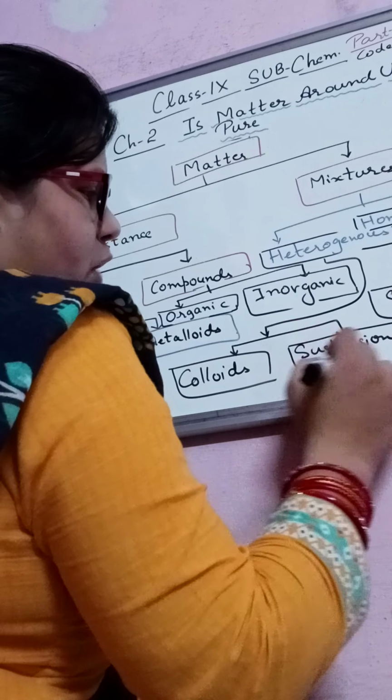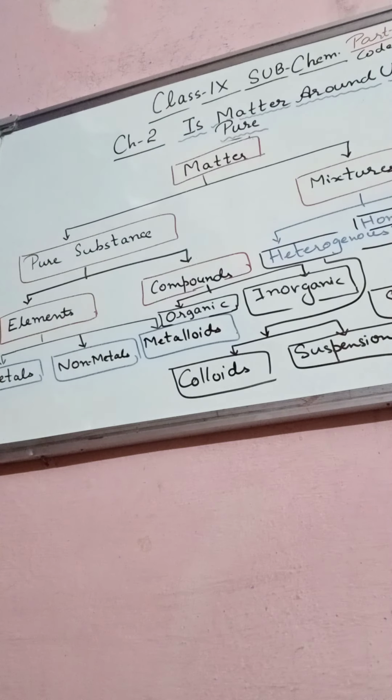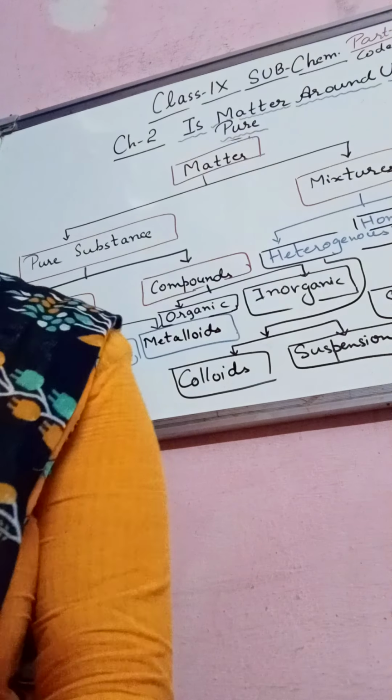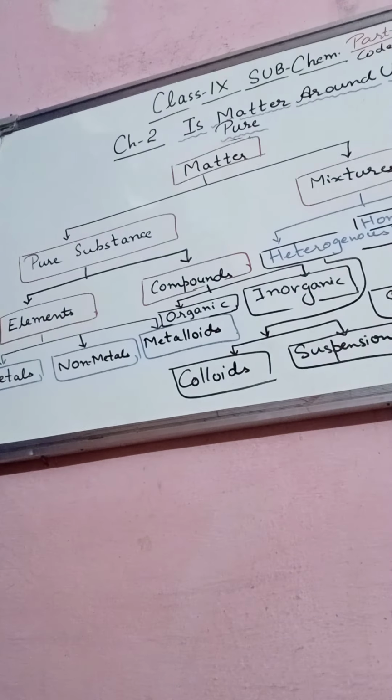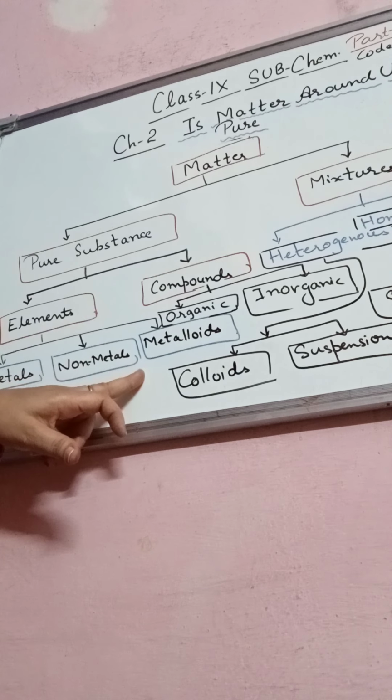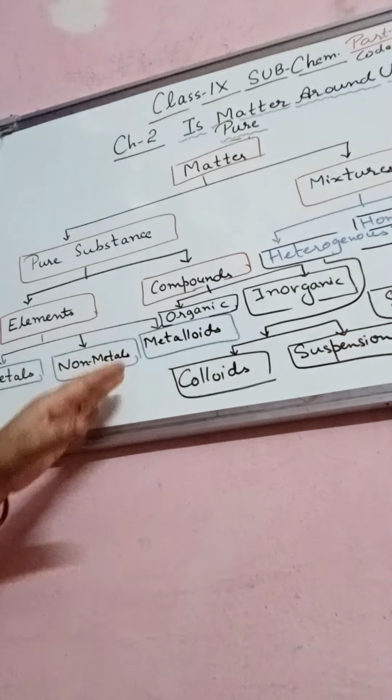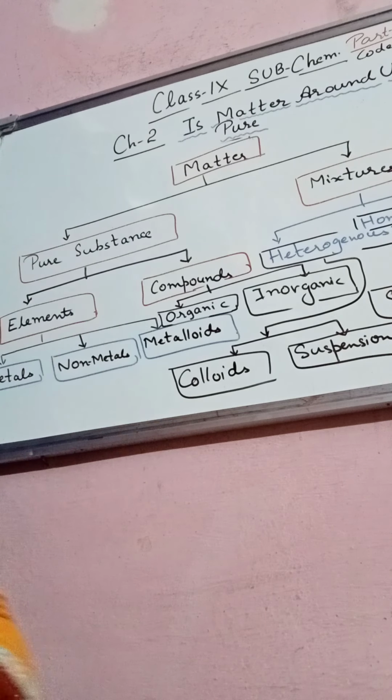Then you can study about physical and chemical changes, and the metals, non-metals and metalloids. So this is the whole classification of matter. That much you can study in this chapter.